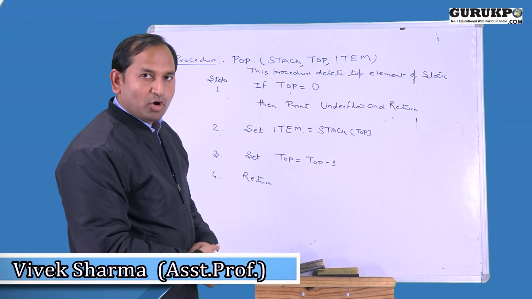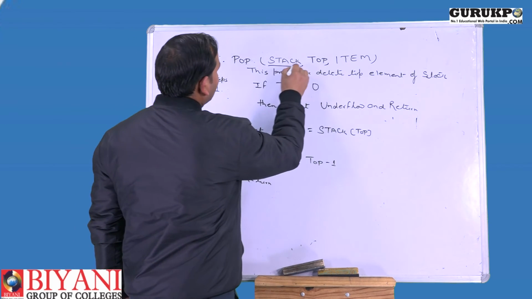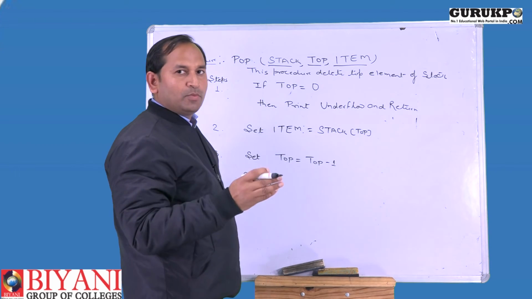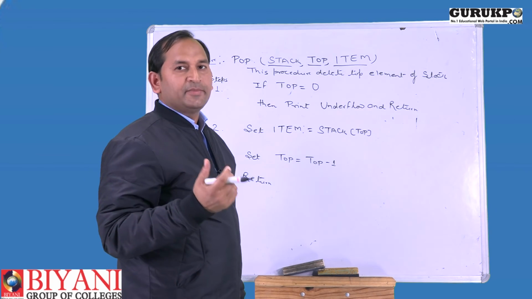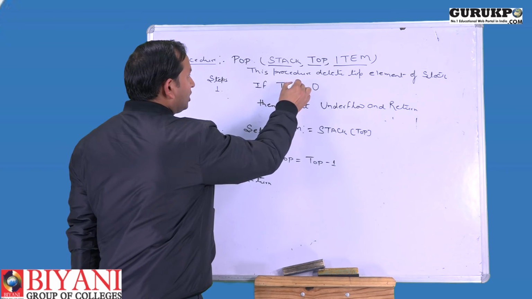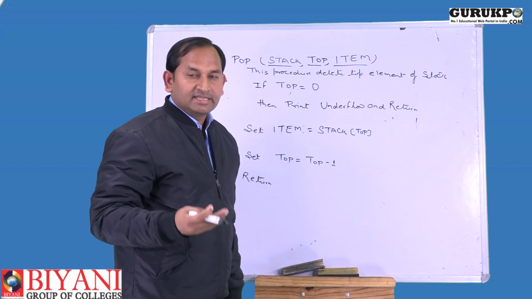Now, we discuss pop procedure. In this case, we have stack, top of the stack and item which we want to pop from the stack. This procedure deletes the topmost element of the stack. First step is if top equal to 0, suppose top indicates 0, in this case there is no element inside the stack.